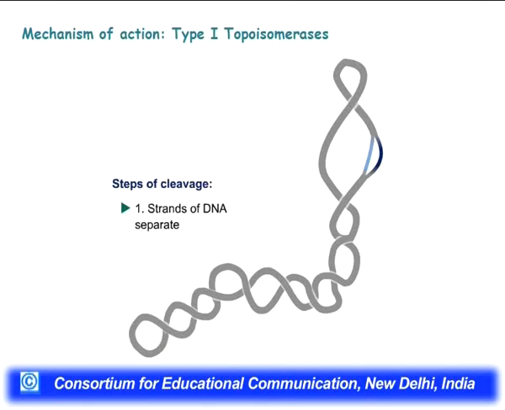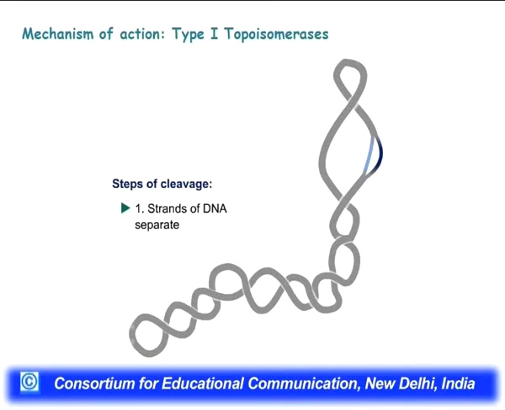If you look at it, the first step of the cleavage will be that the strands of the DNA separate. You can see that there is a supercoiled DNA, and when the supercoiling opens up, then the two strands also separate. This is a very important point, because a type 1 topoisomerase can only act on a single stranded DNA molecule.